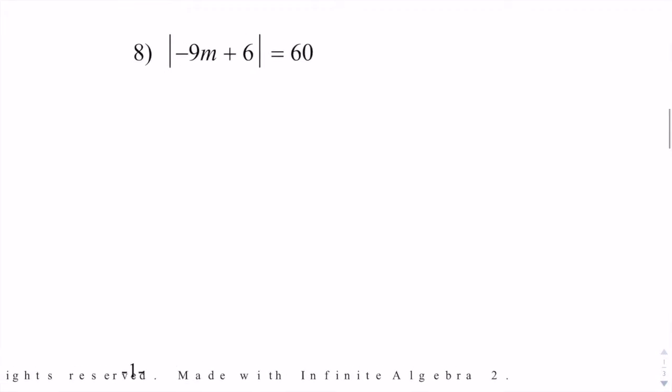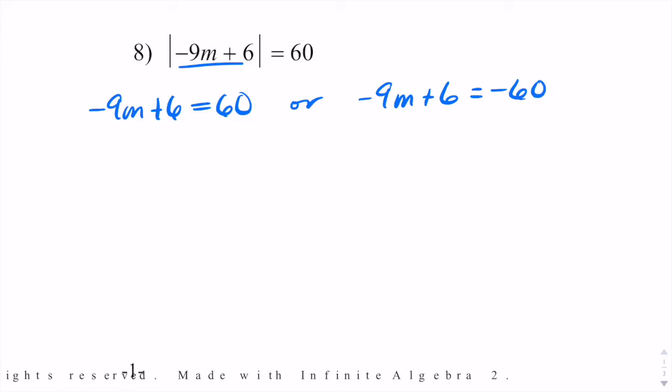Now in this example, again, we get what's inside, negative 9m plus 6, and equate it to 60. And then we also set it to negative 60. So the inverse operation would be first to subtract 6.